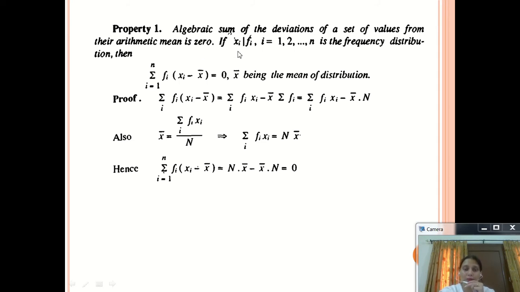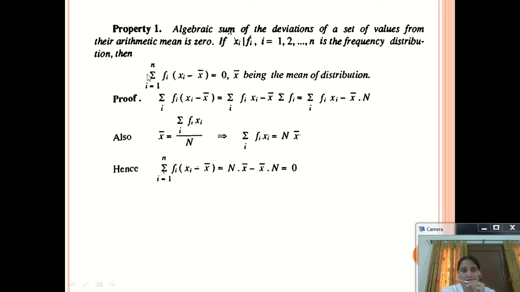Suppose xi are the variables and corresponding fi are the frequencies, then the summation of fi into di, where di is the deviation from the arithmetic mean x bar, not from the assumed mean. So xi minus x bar, not capital A.